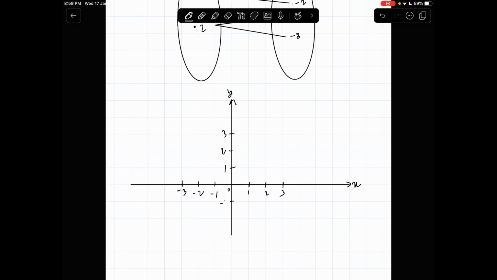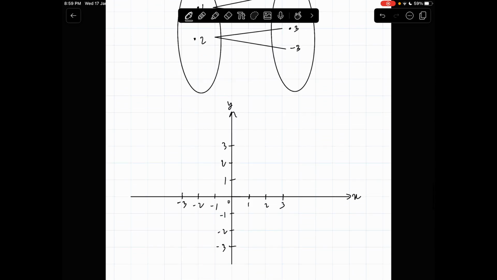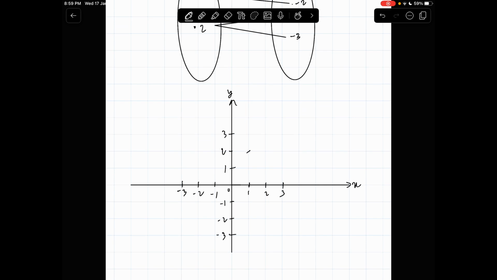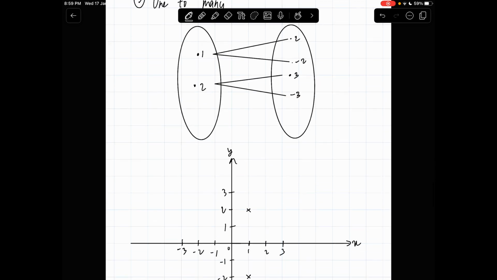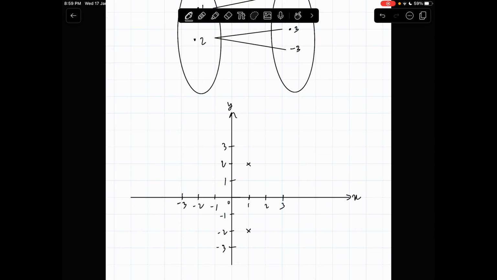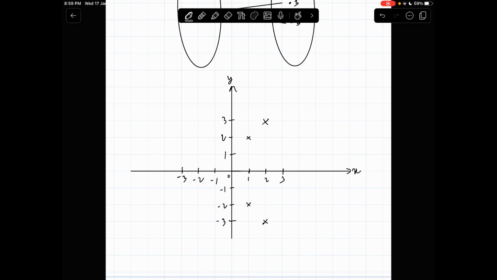Then -1, -2, -3. Alright, so when x is 1, y is 2 and -2. When x is 2, y is -3 and 3. So with more numbers and more figures, the graph will look something like this.